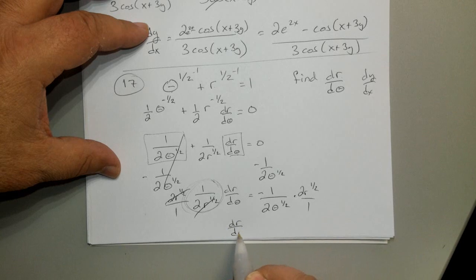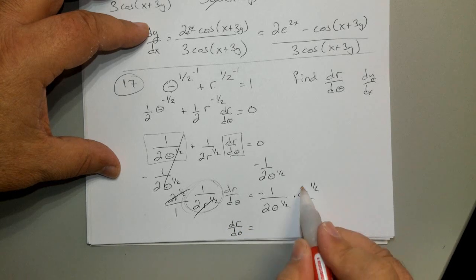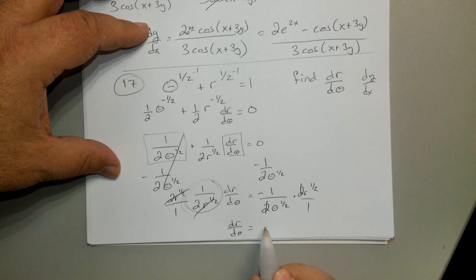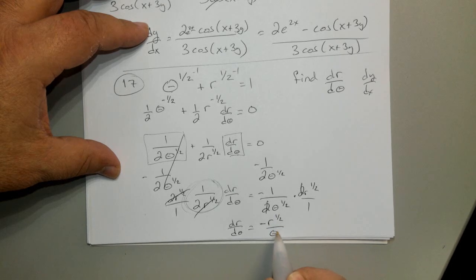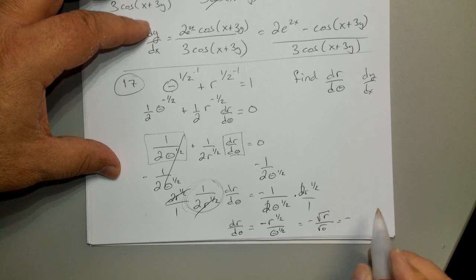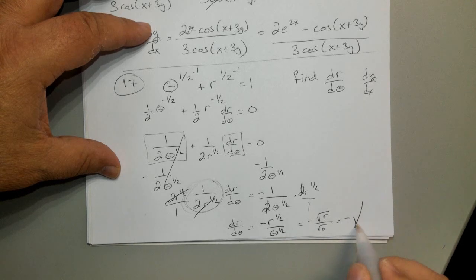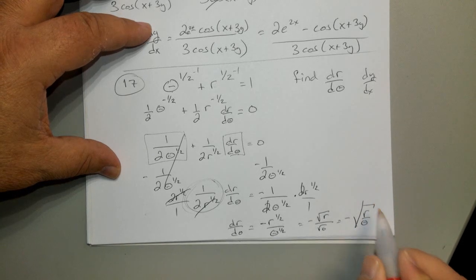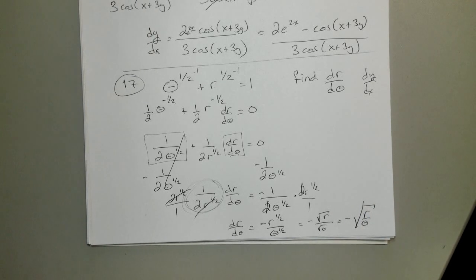So dr d theta, the 2's cancel, equals negative r to the power 1/2 over theta to the power 1/2. Any one of those answers I'll take.